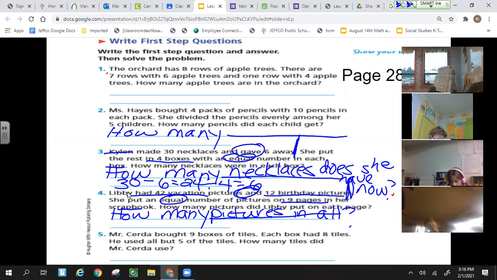My first step is right here, 42, and it is telling me to add 12. You should have gotten 54 pictures, and then she divided them because she put an equal number of pictures on each page, which was 9. And 6 times 9 is 54. So you should have gotten 6 pictures on each page.